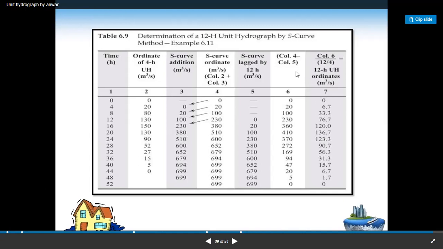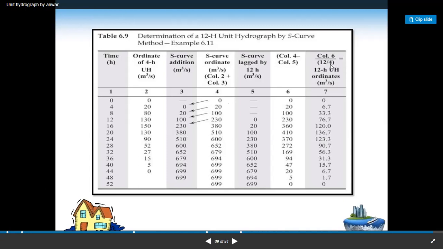Here we take column 4 minus column 5, guys; this is column 4, this is column 5. Here 380 minus 20 is 360, 510 minus 100 is 410, 600 minus 230 is 370, 652 minus 380 is 272, then 169, 94, 47, 25.